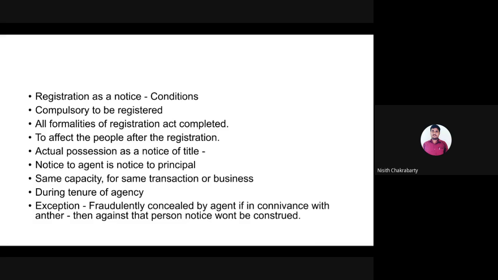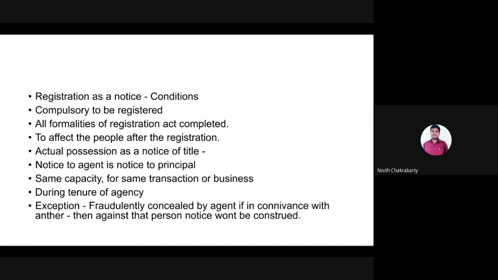I'm giving a complete example. B is my agent, C is interested to sell this property to me, but B knew that there is some problem with C's property, some problem, a case is going on, whatever it is, he knew.